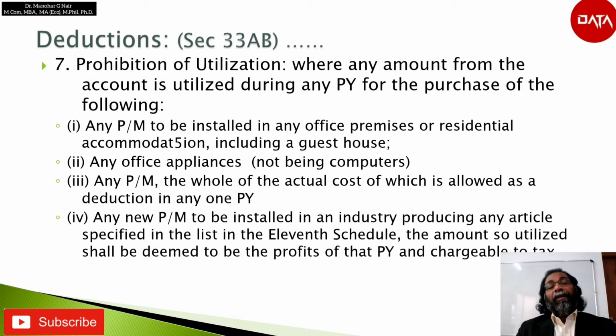Any machinery or plant to be installed in any office premises or residential accommodation, including a guest house, or any office appliances not being computers, or any plant or machinery, the whole of the actual cost of which is allowed as a deduction in any previous year, or any new plant or machinery to be installed in an industry producing any article specified in the list in the 11th Schedule, the amount so utilized shall be deemed to be the profit of that previous year and chargeable to tax.